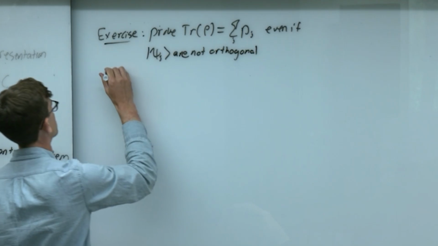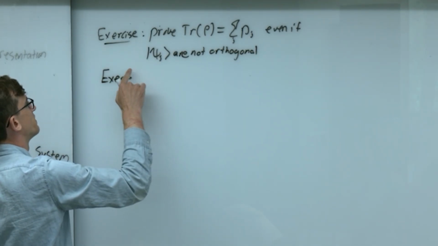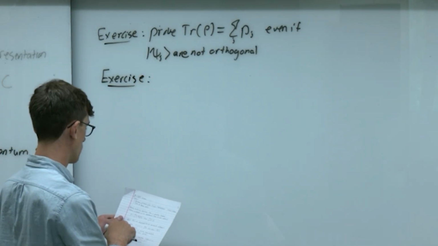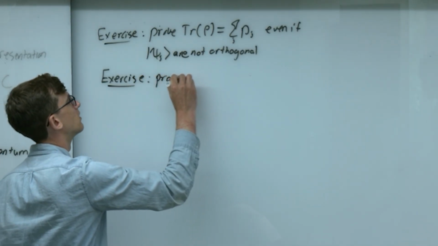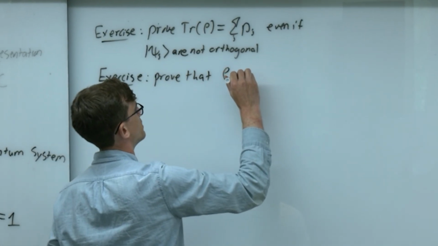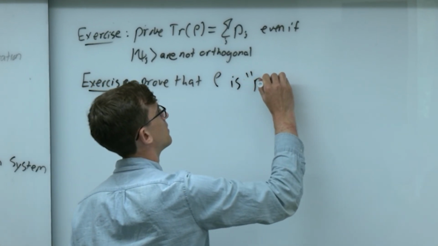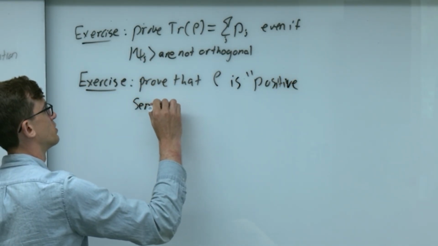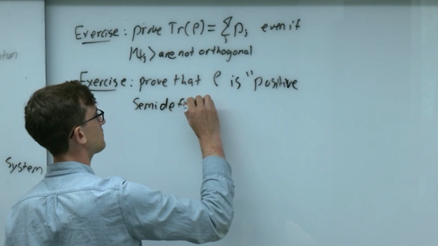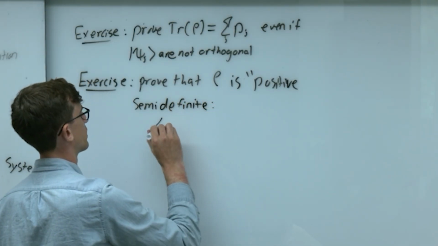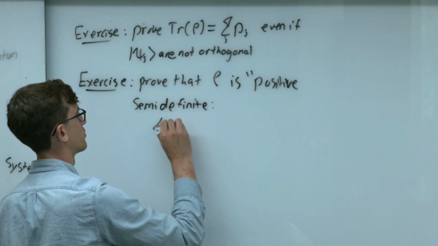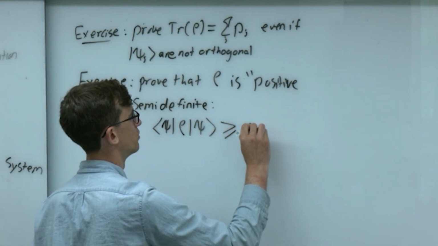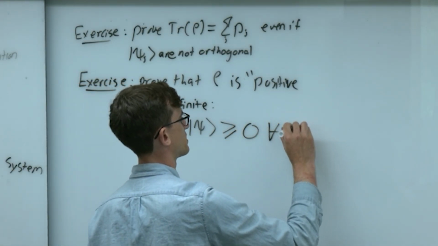And then another nice exercise is to prove that rho is so-called positive semi-definite, which just means that if I look at the expectation value of rho with respect to some state psi, this is always going to be greater than or equal to 0 for all possible states psi.